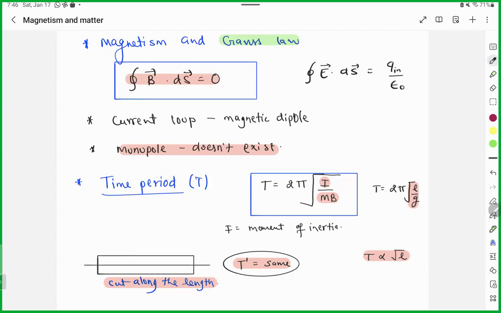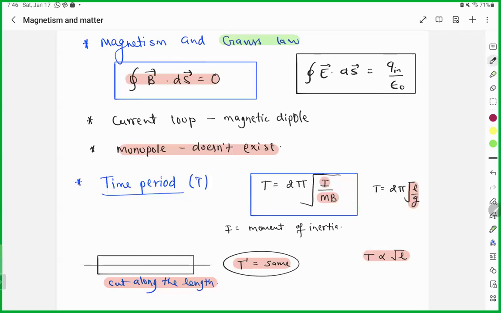Correct? Here in magnetism, this will be zero. Why? Because in case of dipole, the overall net value is 0.